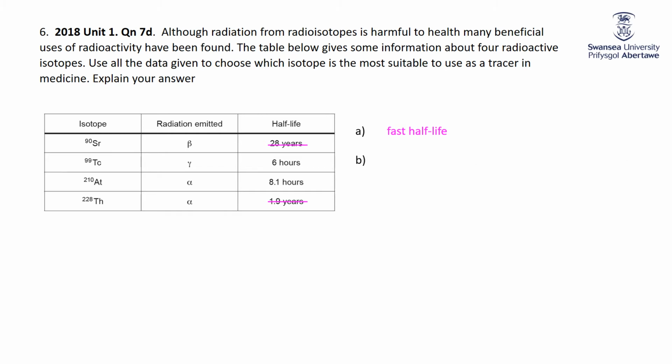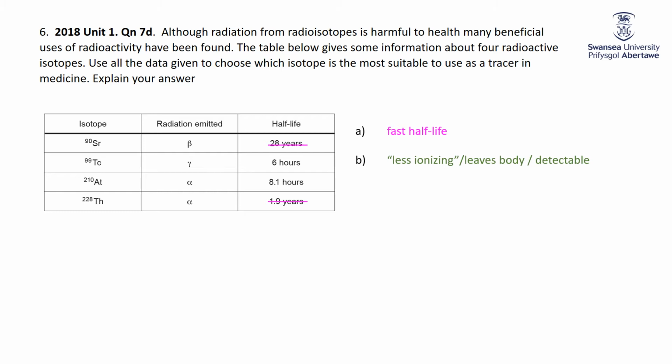Now, the second thing is the one I kind of have an issue with the way it's phrased. You want your tracer to leave. You don't want it staying in the body banging around like crazy. Now, of course, gamma radiation gets out of there and leaves. Alpha particles bang around in there and do more cell damage and so on. The other thing is, of course, that gamma rays can leave because they're very penetrating.